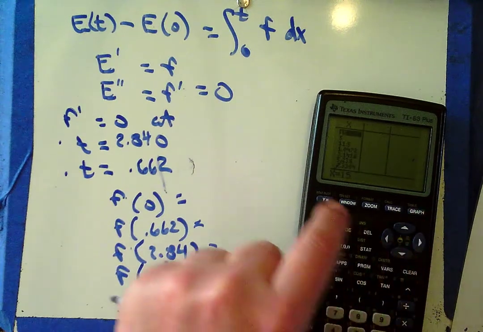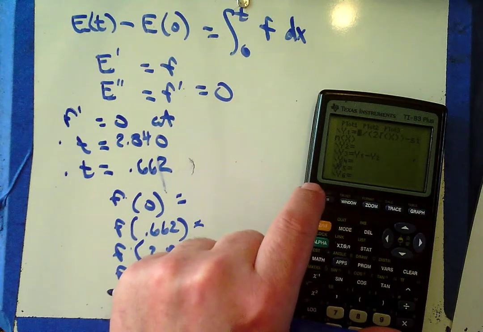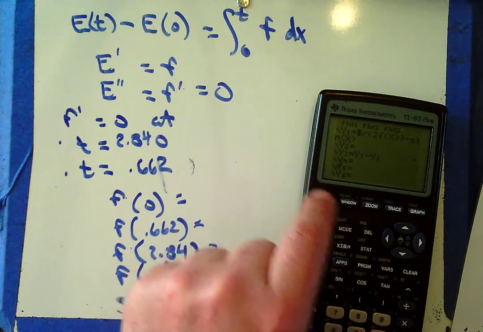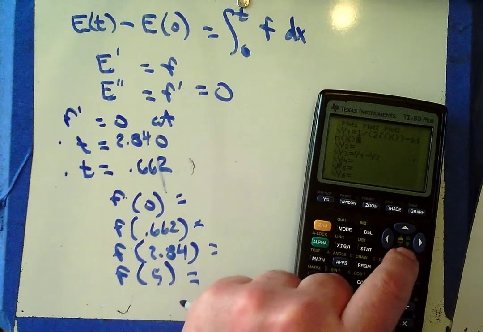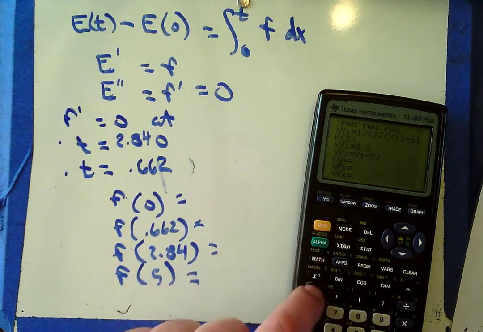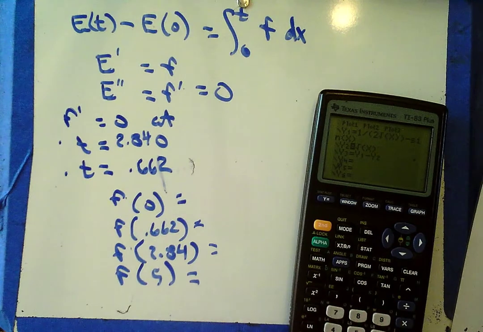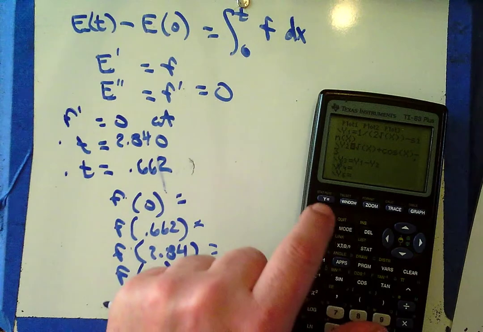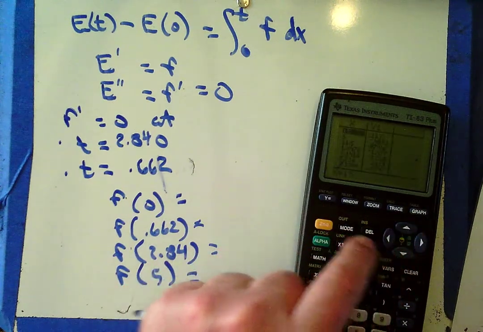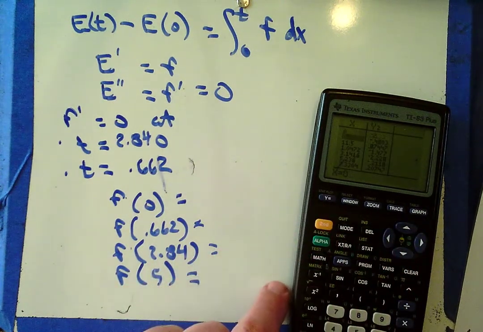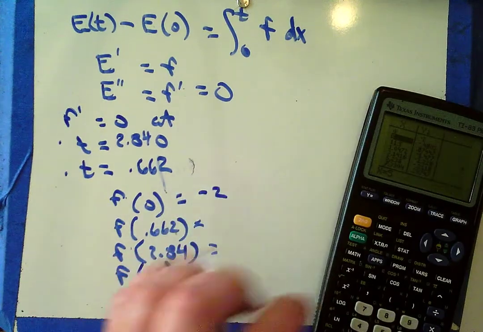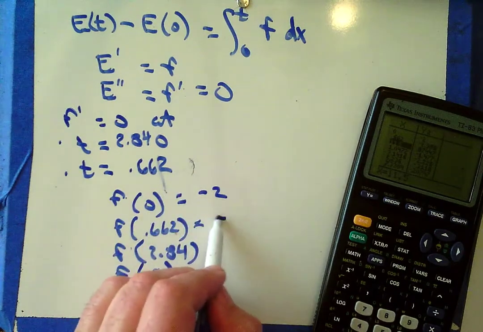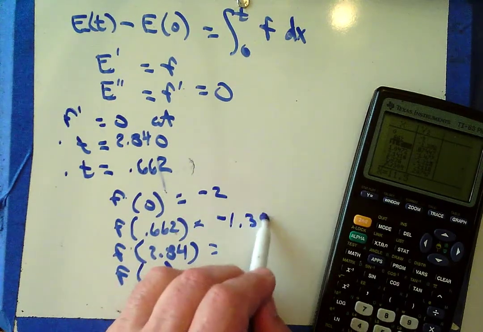Okay, where did I type that? I didn't type that. That's very interesting. Okay, square root of x, close parentheses, plus cosine x, close parentheses, minus 3. And I go over to my table, and I type in 0, and I get negative 2, and I type in 0.662, and I get negative 1.398.